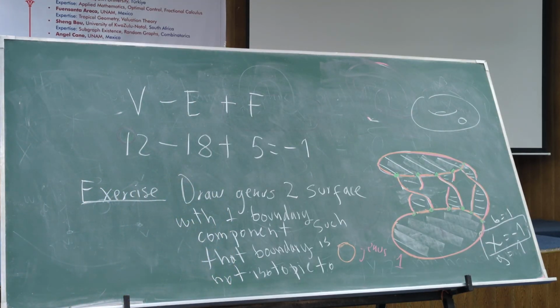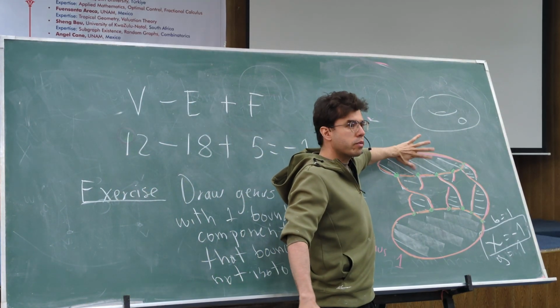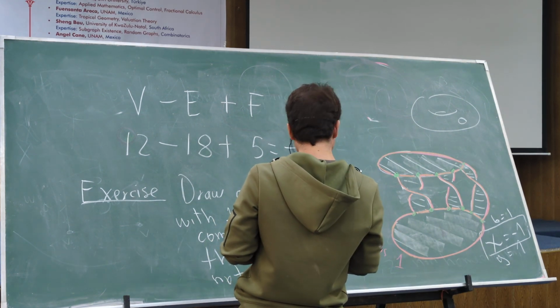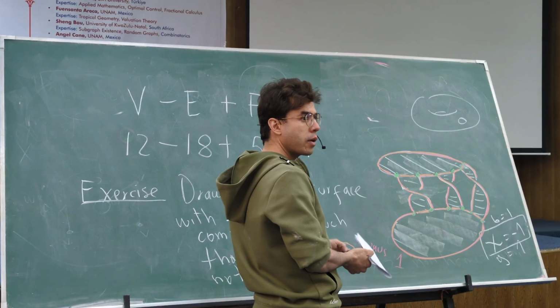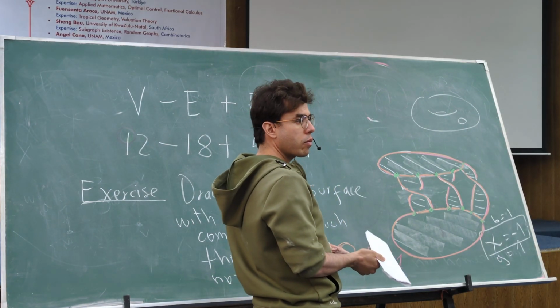For the formula, you have to put orientable, right? Ah, yes. This is an orientable surface. This surface we can color with 2 colors. Can you please explain orientable and non-orientable surfaces? Is there any mathematical definition for that?